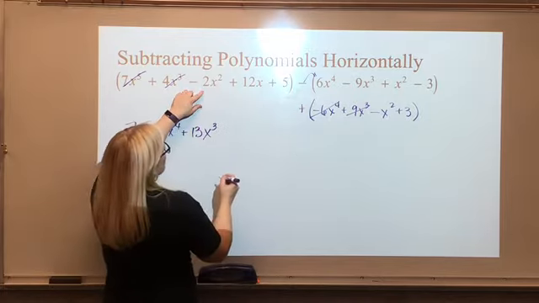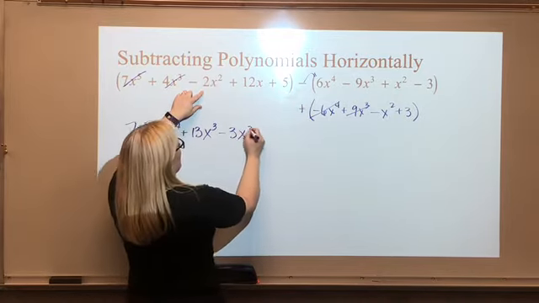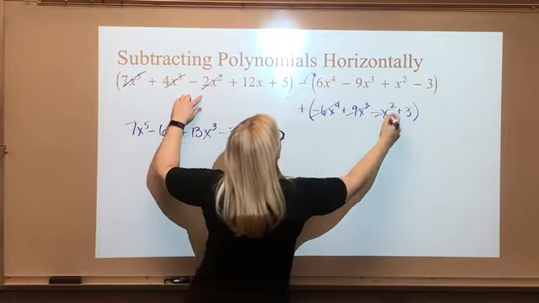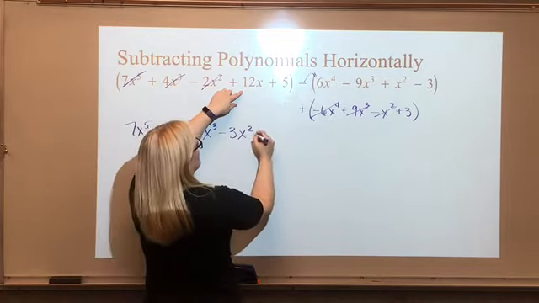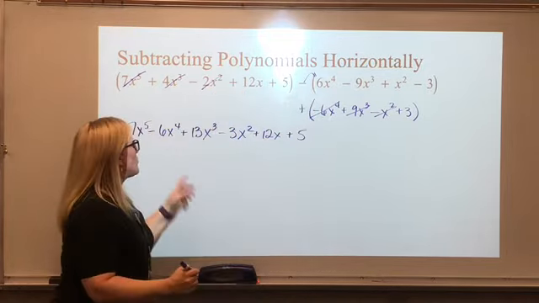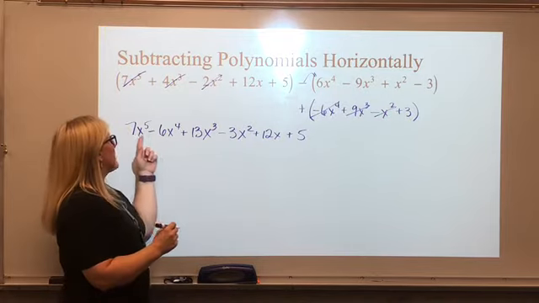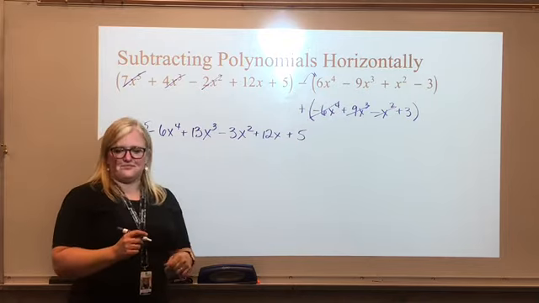I have negative 2x squared plus negative x squared is a negative 3x squared. Plus 12x plus 5. That's a really long train. But look, I've got a 5, 4, 3, 2, 1, and then my constant.